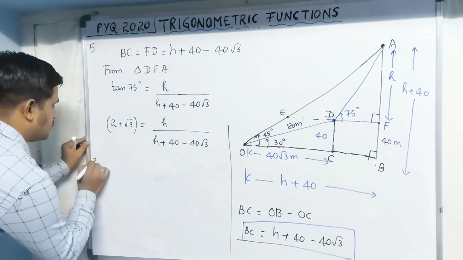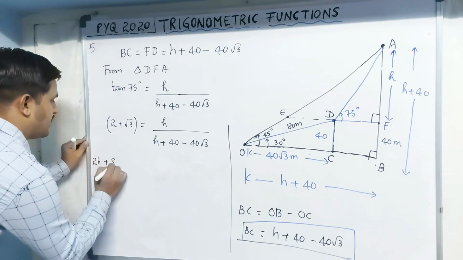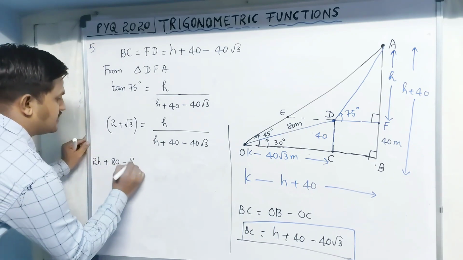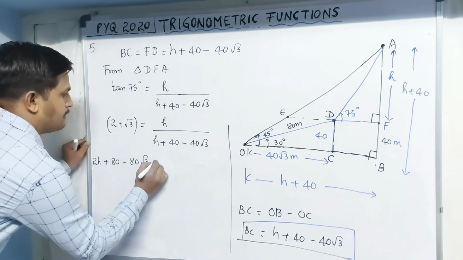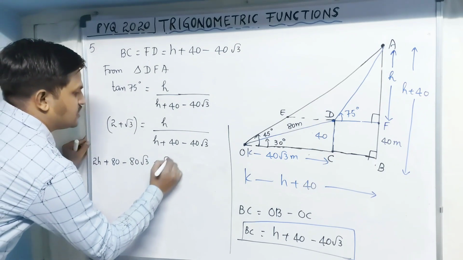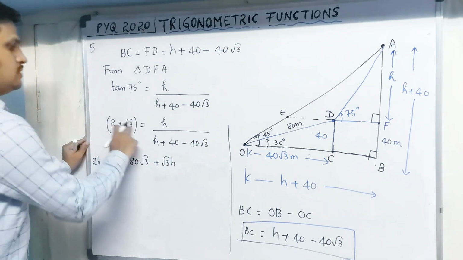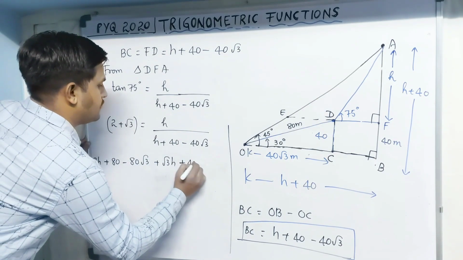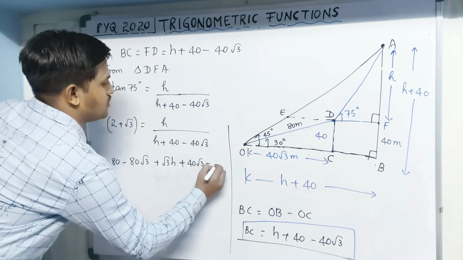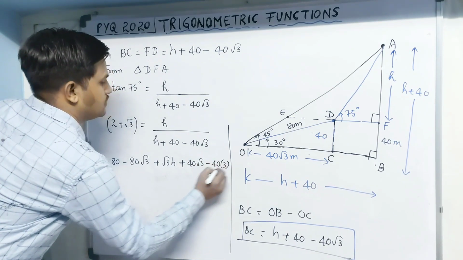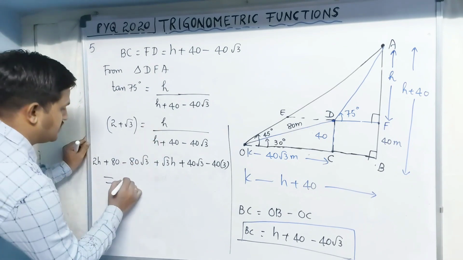So what will you get? So 2h plus 80 minus 80 root 3 plus root 3h, right? So plus 40 root 3, so minus 40 into 3. So this is equal to h.